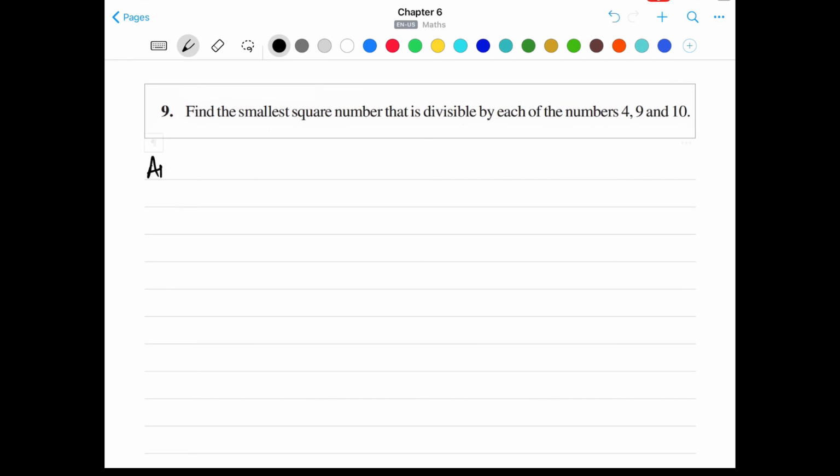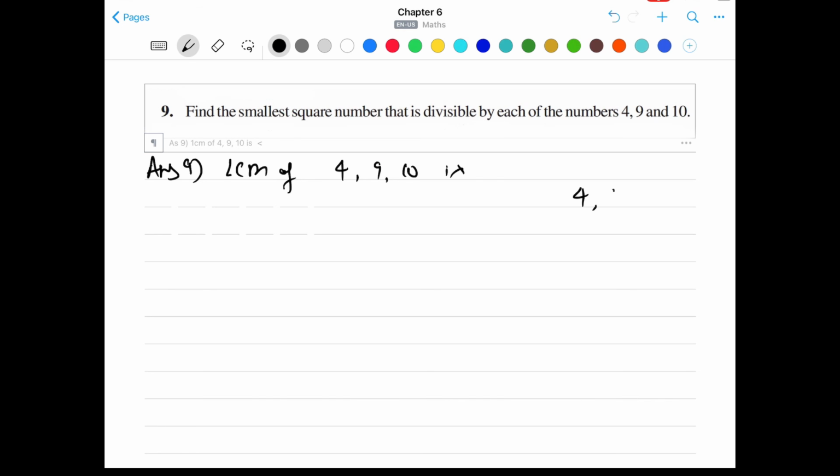Okay, so the numbers here are 4, 9 and 8. So we'll first find the LCM of these numbers.